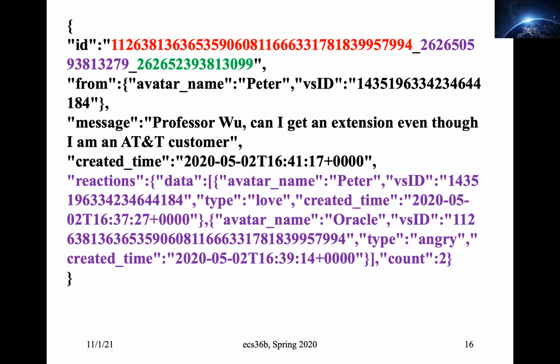Which page? This could be a Facebook fan page for ecs36b, and there's a post by Professor Wu or by any of the students or members, and then people leave a comment, and that comment should have a unique ID. Essentially we need an identifier to uniquely refer to whatever we have in that social interaction. So that's just the ID part.